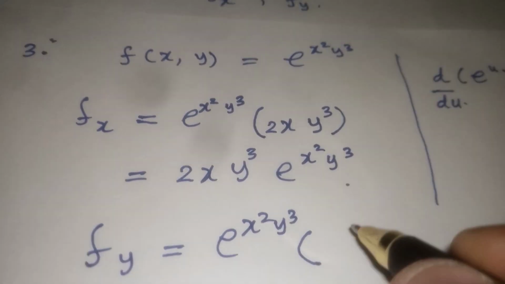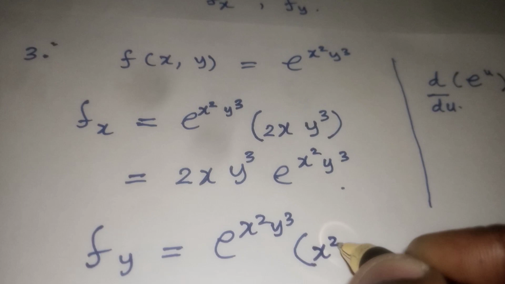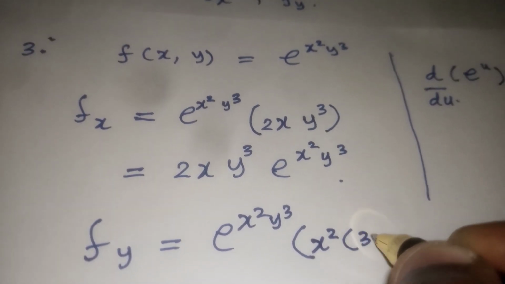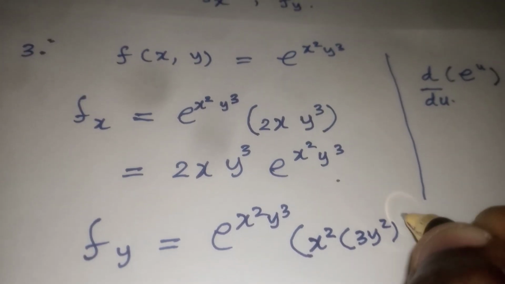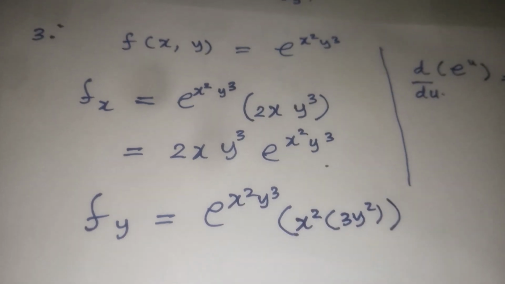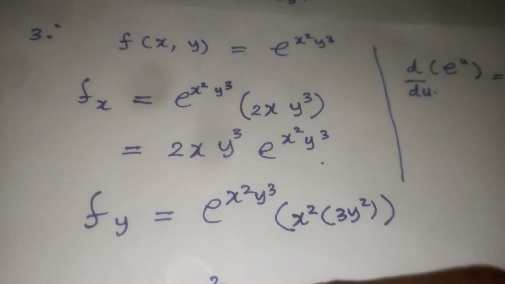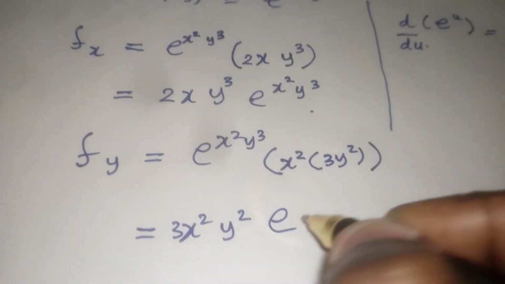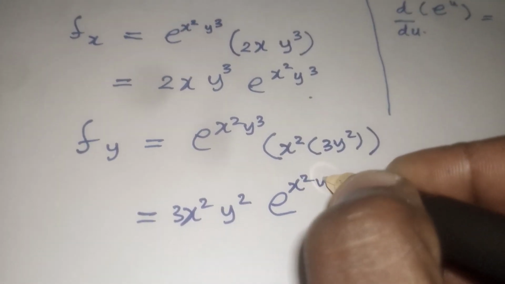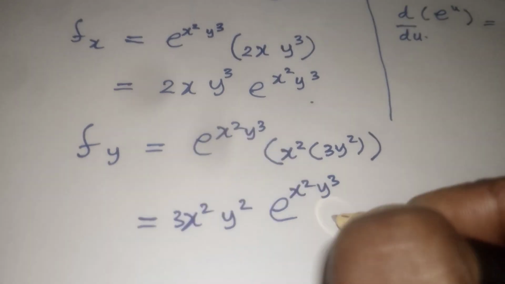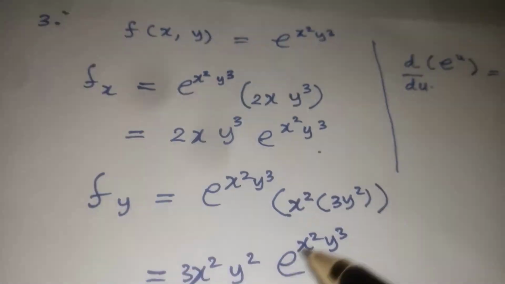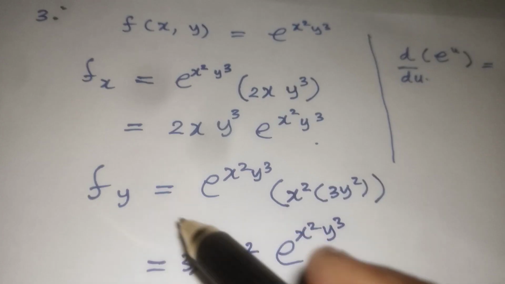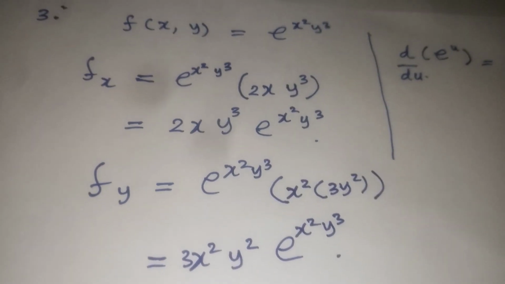Here x is constant, and we differentiate only y. If we differentiate y cubed, we get 3y squared. If we simplify, we get 3x squared y squared e power x squared y power 3. These are the solution of problem number 3.